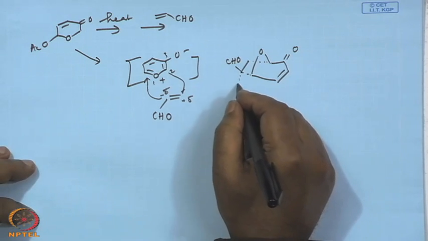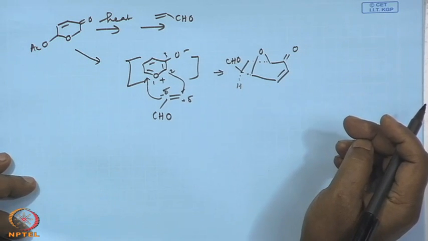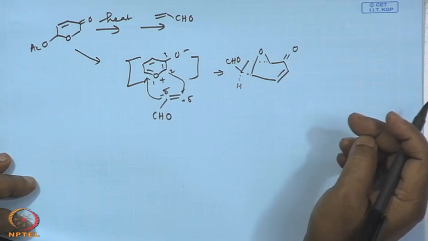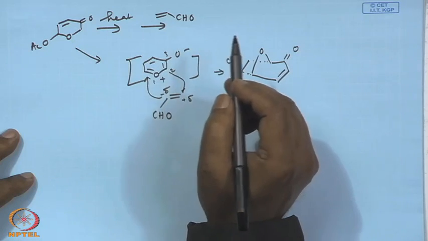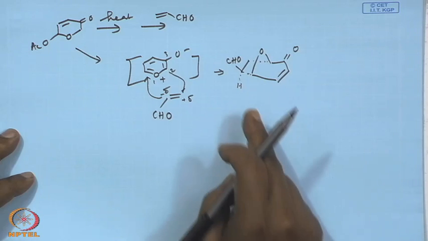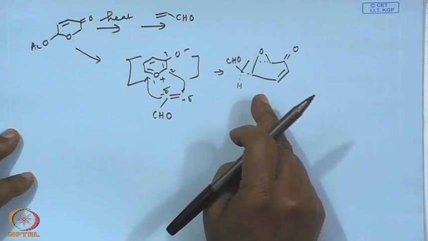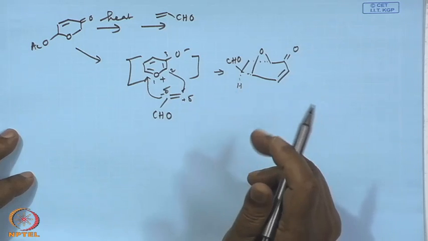And one can argue here why this aldehyde is here. Absolutely, there are attempts to explain this, why it should be exo and endo, all these things, but they are unpredictable. If you just substitute this acrolein by acrylonitrile, that means in place of the aldehyde with cyano, you get a mixture of compounds. So these are a little unpredictable, but as far as the regiochemistry is concerned, these reactions proceed in the manner we have shown.